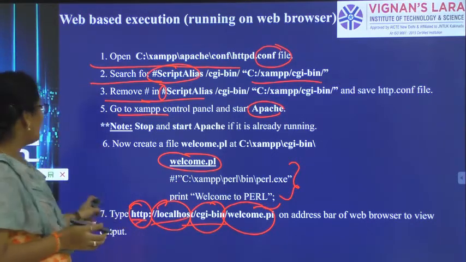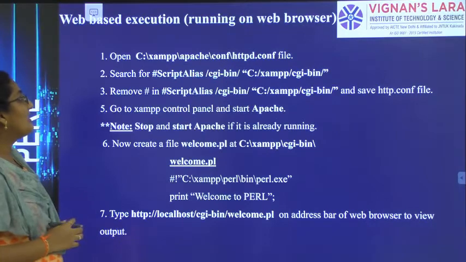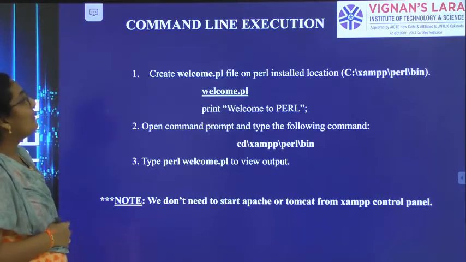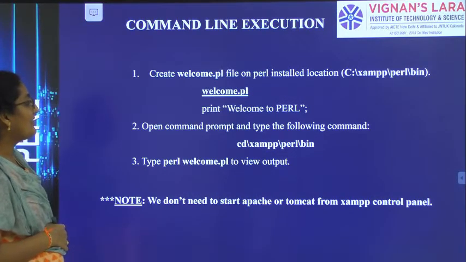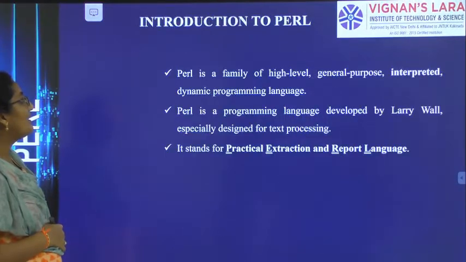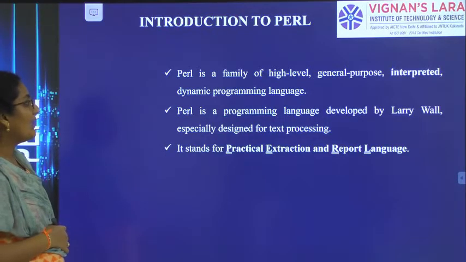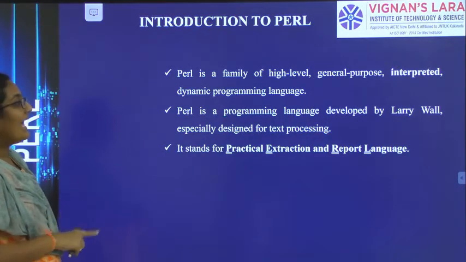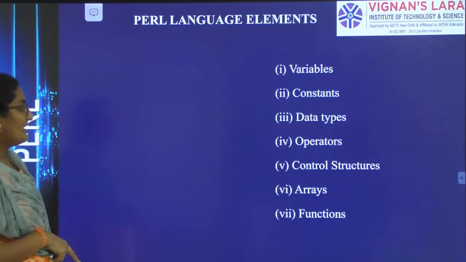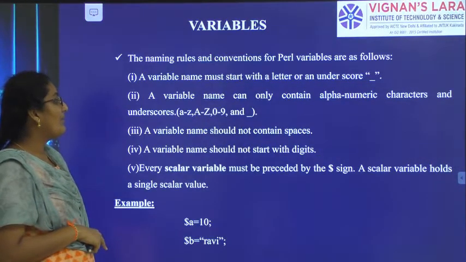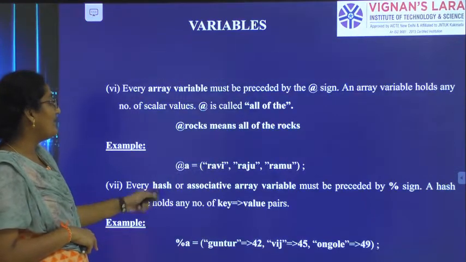So these are the two different ways of executing parallel programs: on the command line or on the web browser. What we have seen today is what the parallel programming language is and who invented it. Larry Wall invented it. What are the elements we have, what do you mean by a variable, and what are the three types of variables.